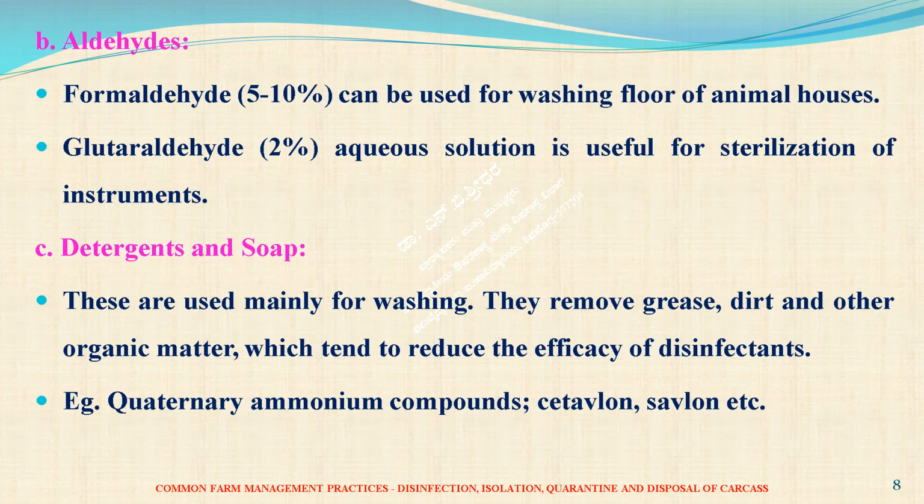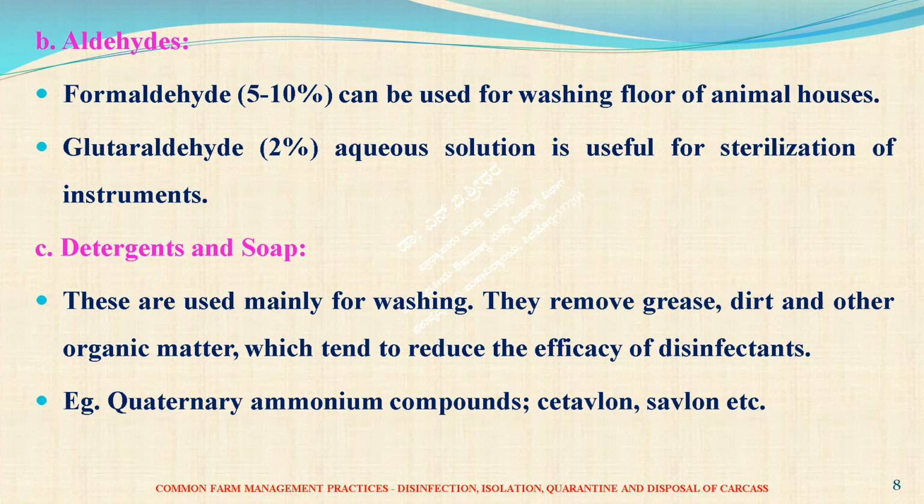And among the aldehydes, formaldehyde is usually 5 to 10%. The formaldehyde is available as 40%, and we need to make it into formalin, which is 10% based, and it can be used for washing the floor or animal houses. Then some of the aldehydes like glutaraldehyde aqueous solution are useful for sterilization of instruments.